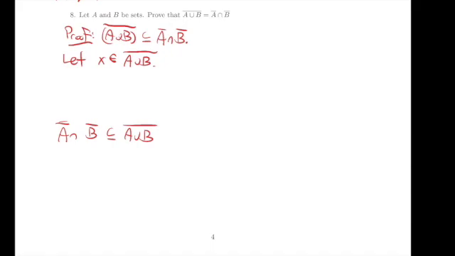And then we kind of just explain what that means. Right? And that would tell me that if x is in the complement of A union B, it can't be in A union B. And so if x is not in A union B, then we know it can't be in either one of those things, right?